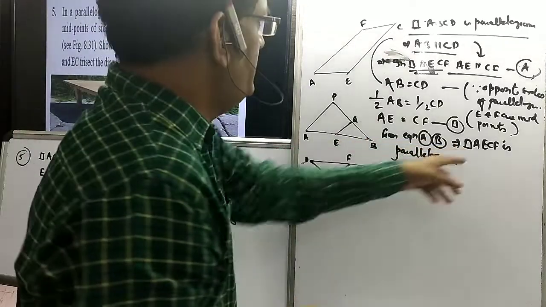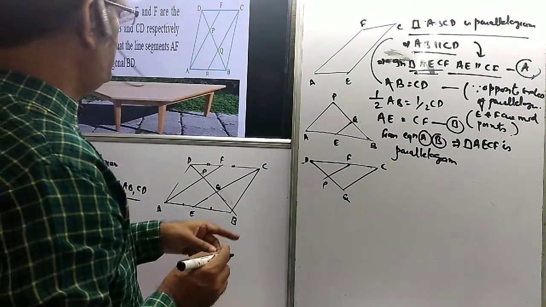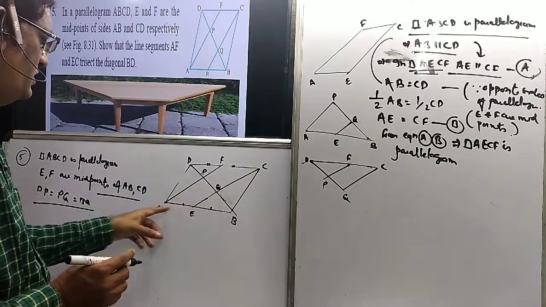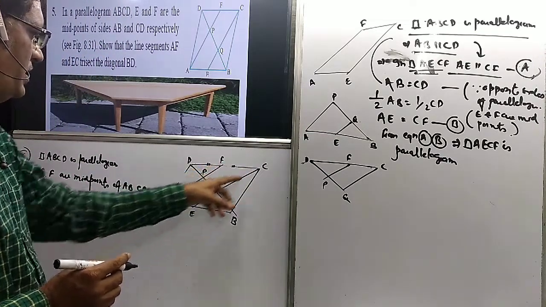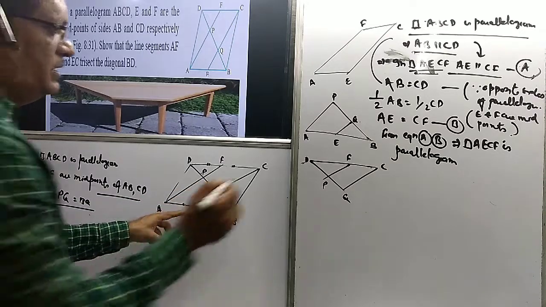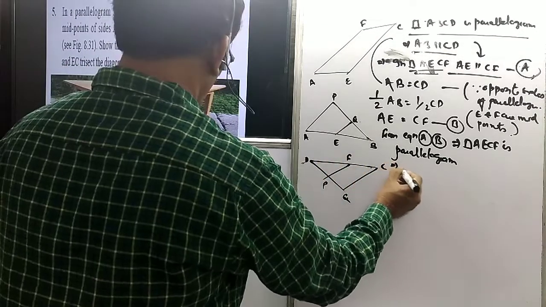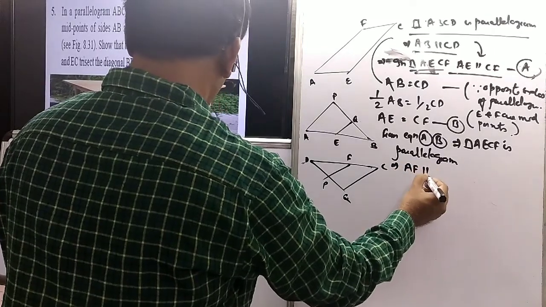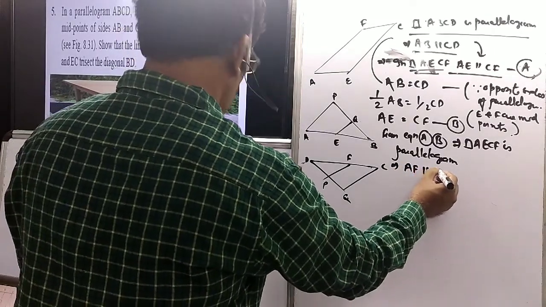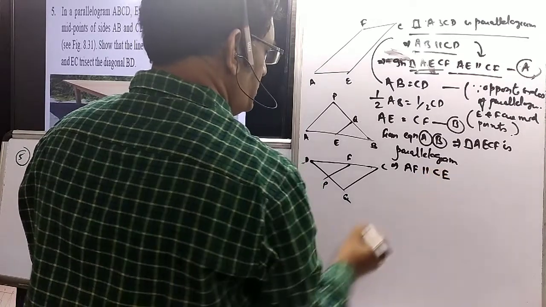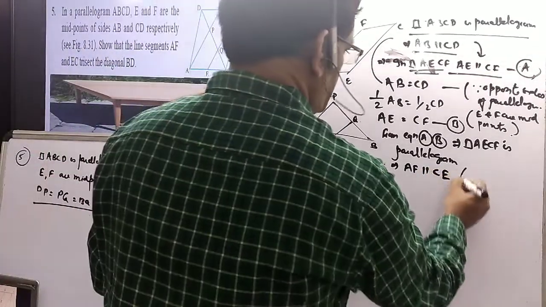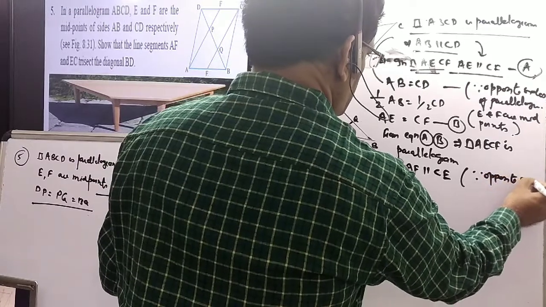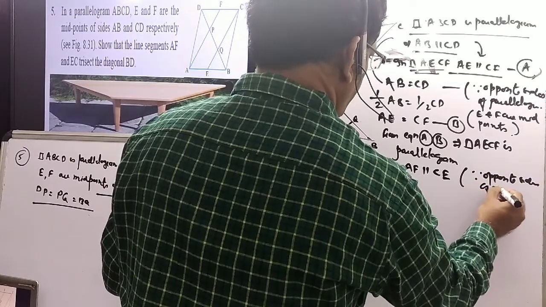Now AECF is a parallelogram, so definitely AF is parallel to CE. AF parallel to CE, by opposite sides of a parallelogram.